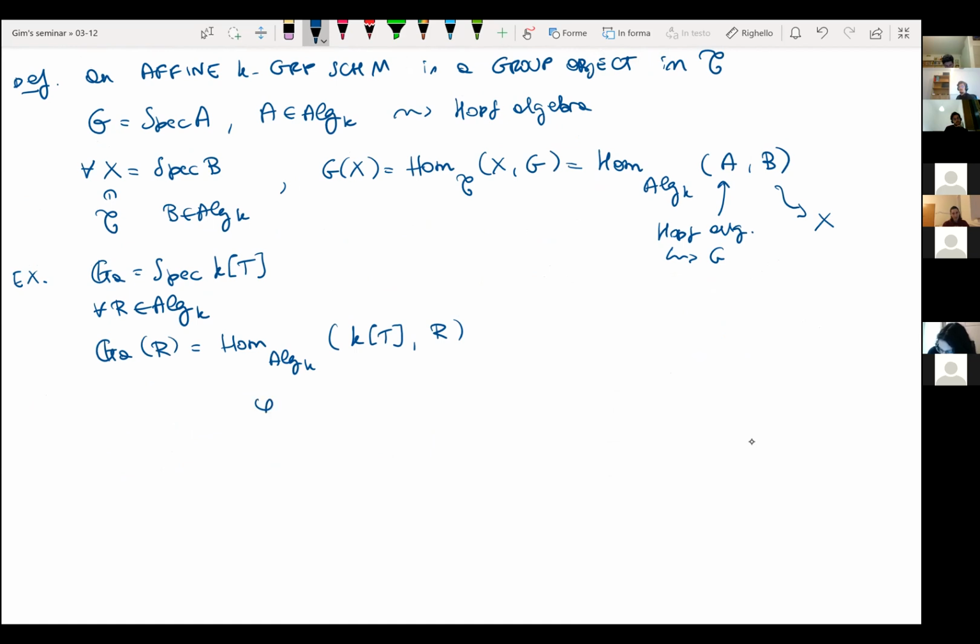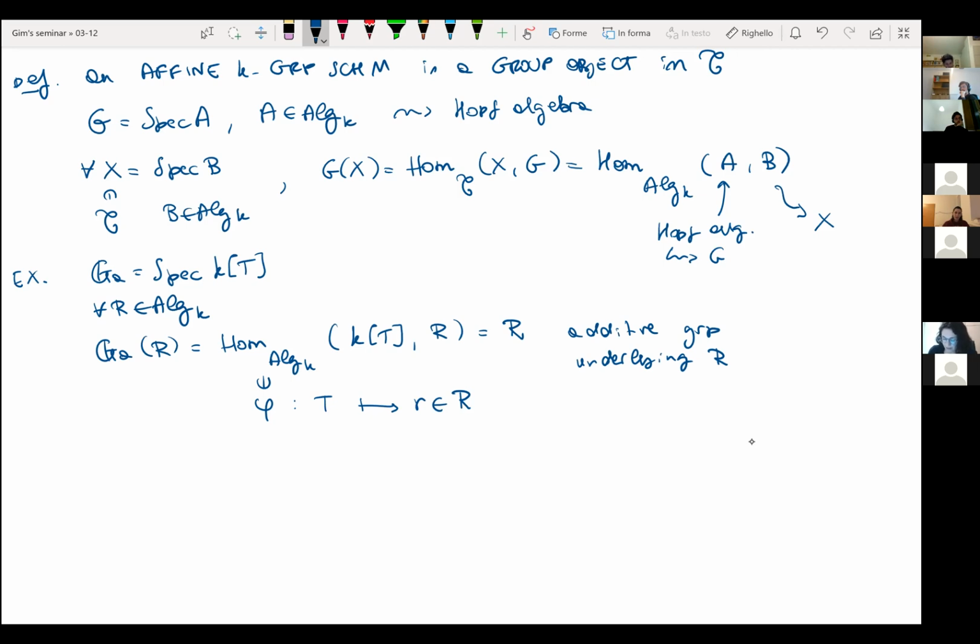So an element here is a morphism phi, and each morphism is completely determined by the image of T. So T may be sent to any element r in R. So we obtain that G_a(R) is equal to R. And we can see R as the additive group underlying the K-algebra R. So in particular, we can forget about the structure of K-algebra and the ring structure and just see it as an additive group.